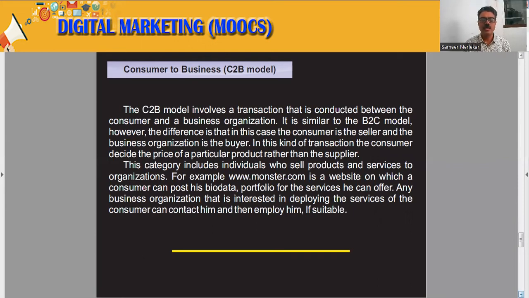For example, www.monster.com is a website on which a consumer can post his biodata portfolio for the services he can offer. Any business organization that is interested in deploying the services of the consumer can contact him and then employ him if suitable.